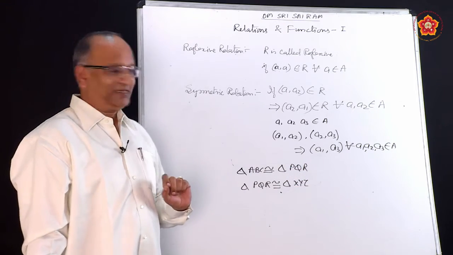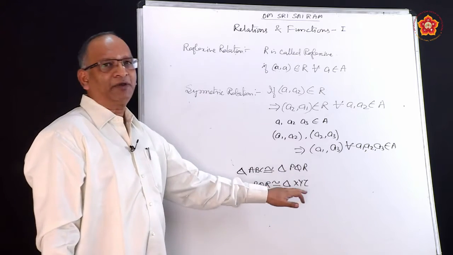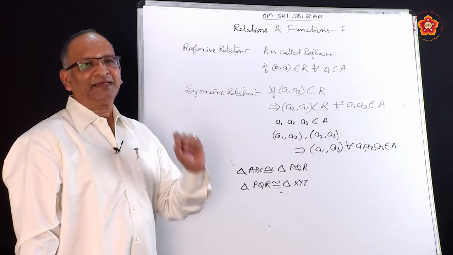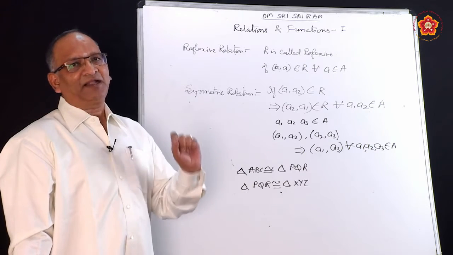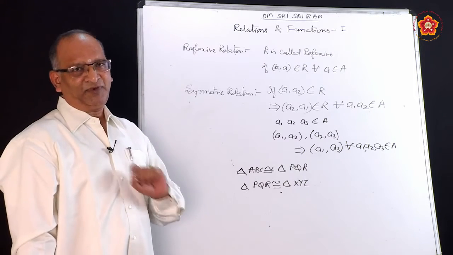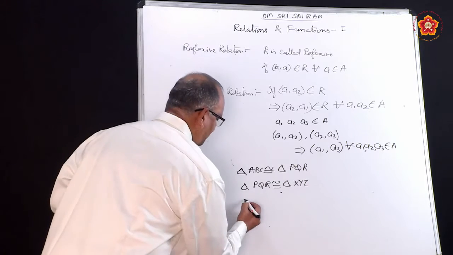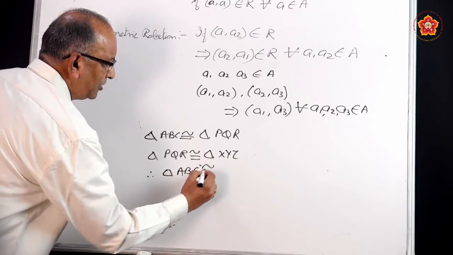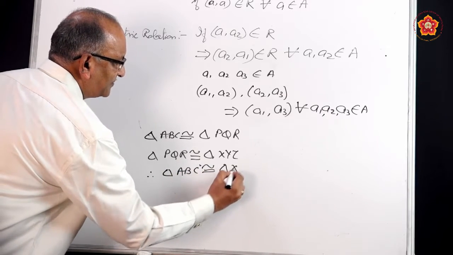In conclusion, we can say that the first triangle will be congruent to the third triangle. If that happens, we say the relation is of transitive nature for all the elements. So, the conclusion is triangle ABC is congruent to triangle XYZ.